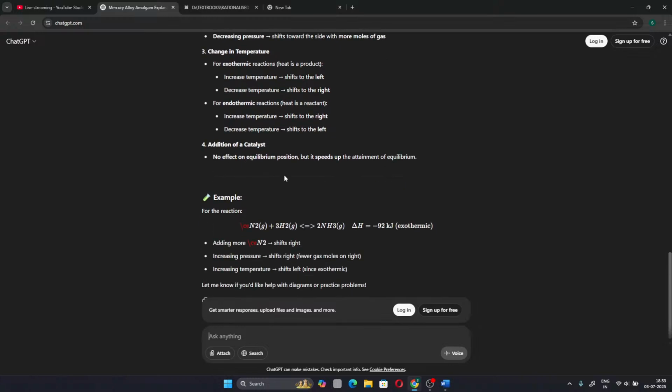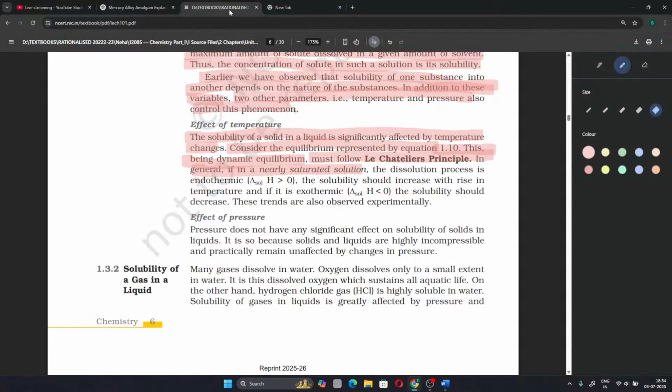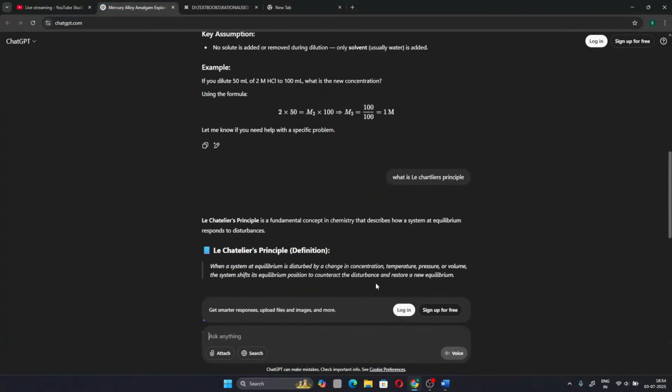A catalyst has no effect on equilibrium position, but it speeds up the attainment of equilibrium, basically speeding up the reaction. This is Le-Chatelier's principle: when we disturb the equilibrium of a system, it will try to retain its equilibrium. The system shifts its equilibrium position to counteract the disturbance and restore a new equilibrium.